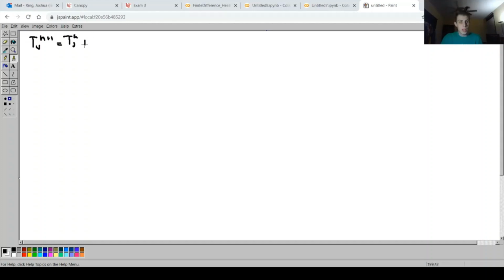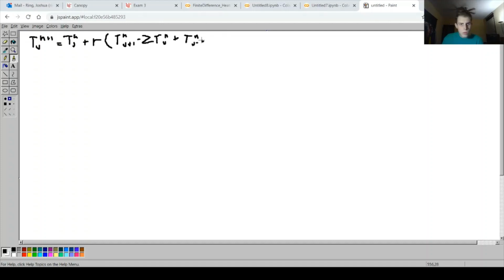And that is being added to our r, which is then multiplied by, this is just calling back some of the previous functions, T to the n j plus 1, and that is being subtracted from 2 of T n j, and that is being added to T n j minus 1.